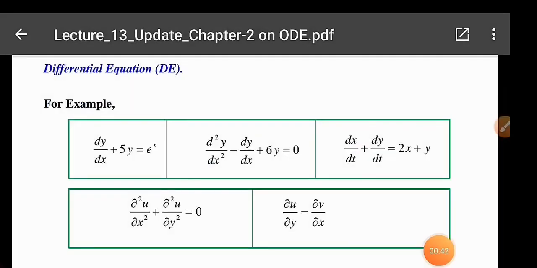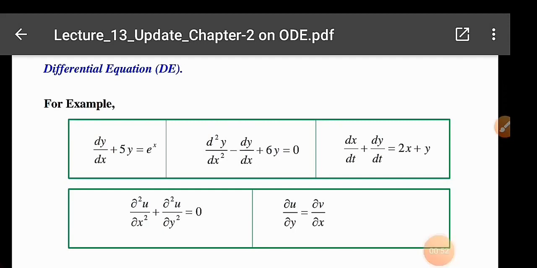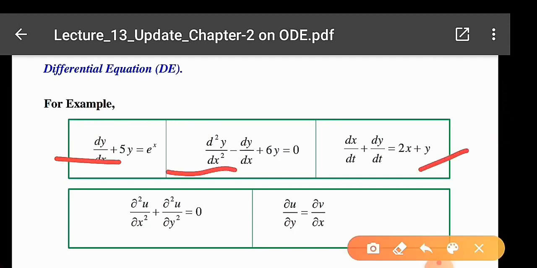You can see from the examples, all of them are differential equations, and the first three are ordinary differential equations, and the last two are partial differential equations.